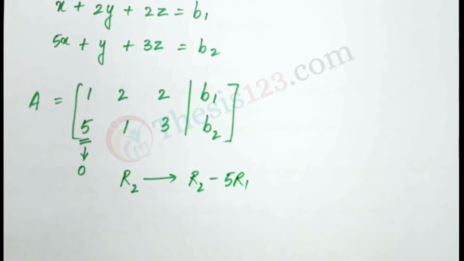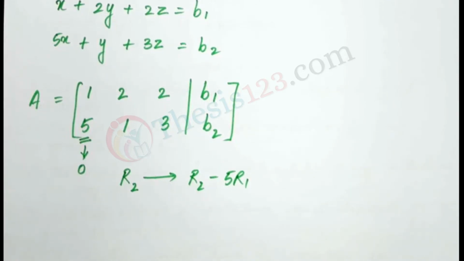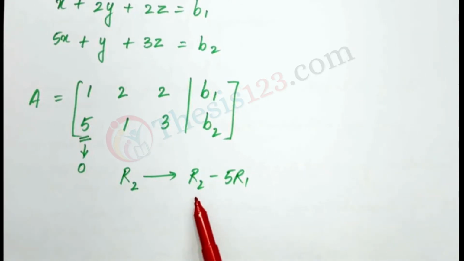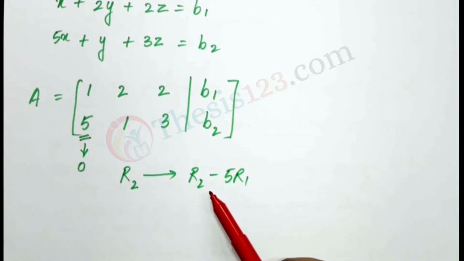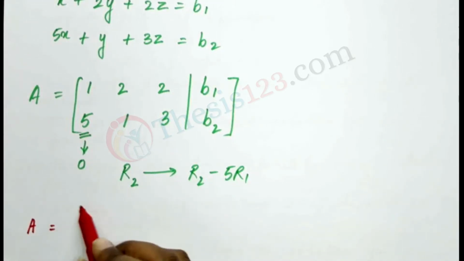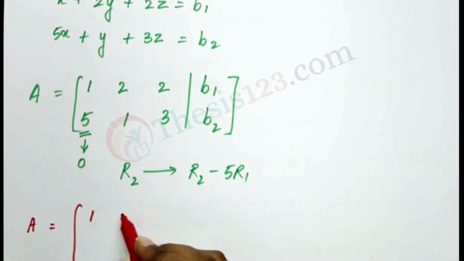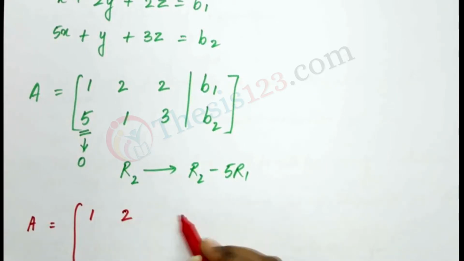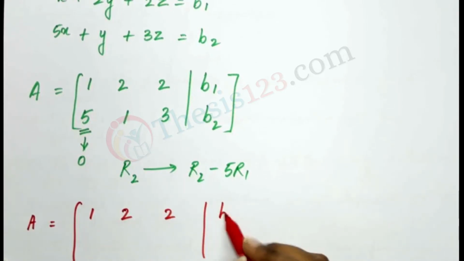So let's try and solve this. What do we get here? So R2 minus 5R1 would be, okay, so first I'm going to write down what R1 is. R1, we write it down as it is: 1, 2, 2, and b1.